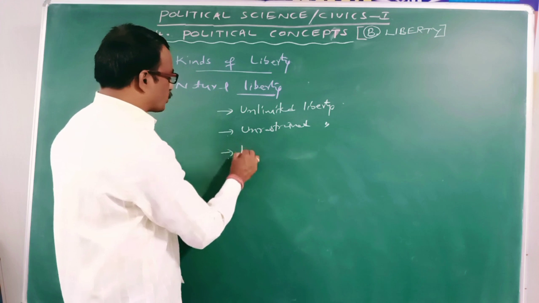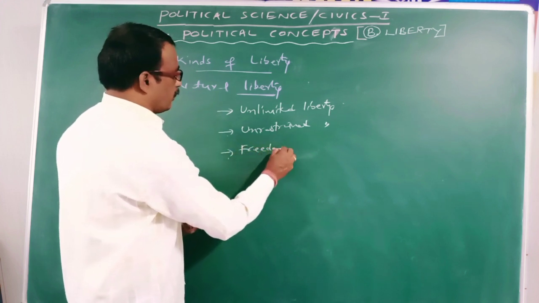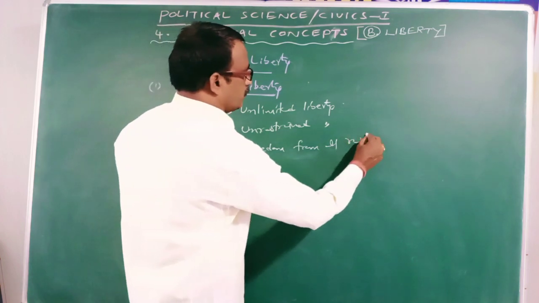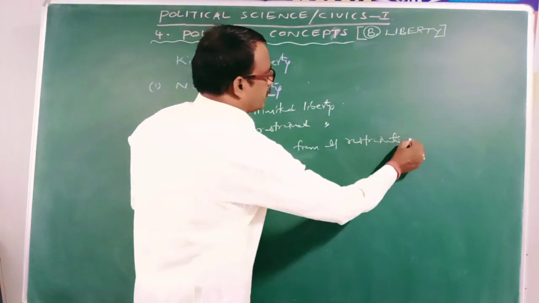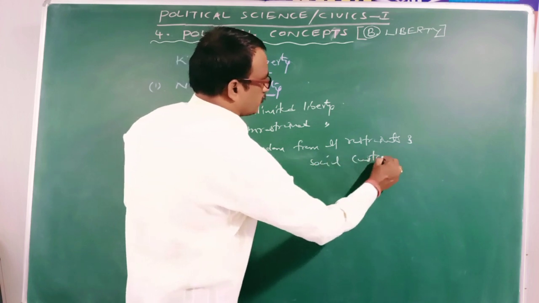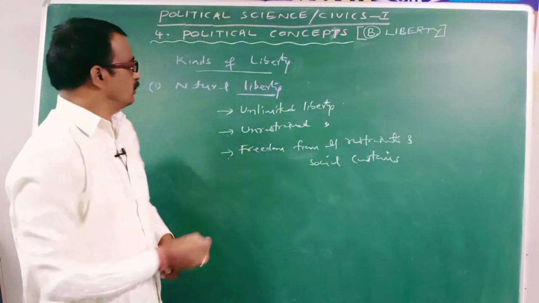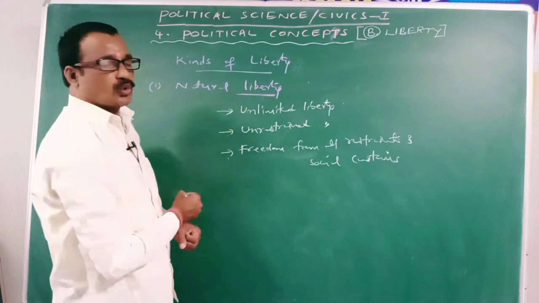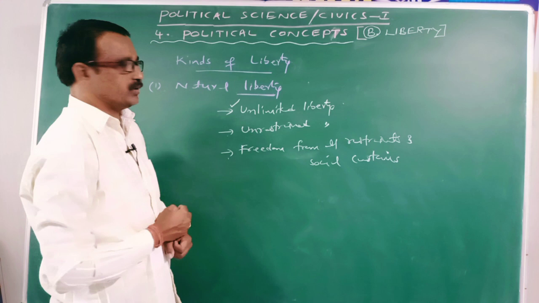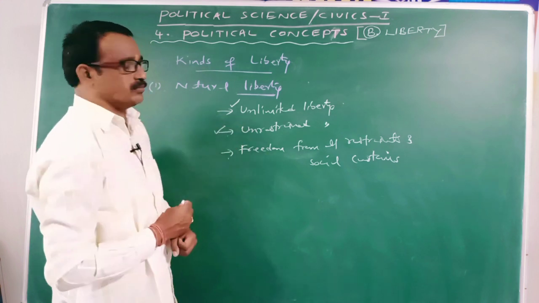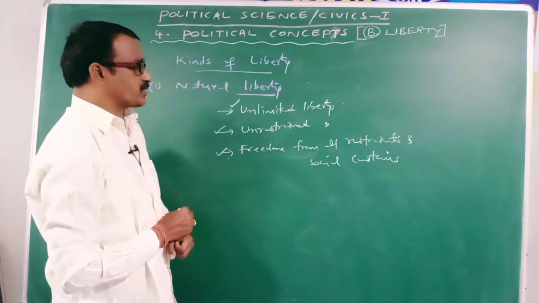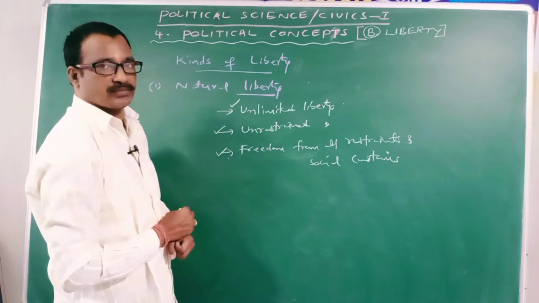Then it denotes freedom from all restraints and social customs. Clear? So natural liberty denotes unlimited liberty of the individuals, unrestrained liberty or freedom from all restraints and social restrictions.